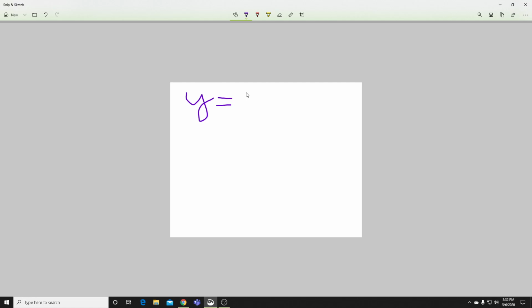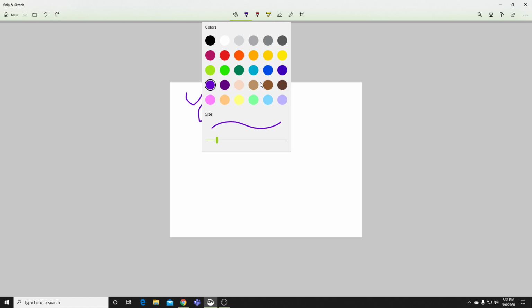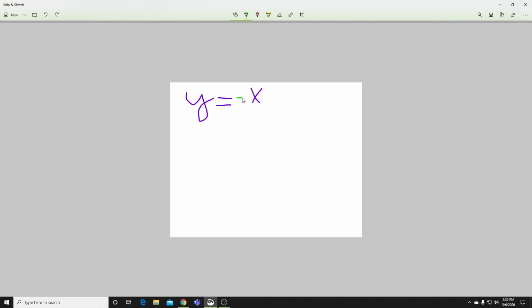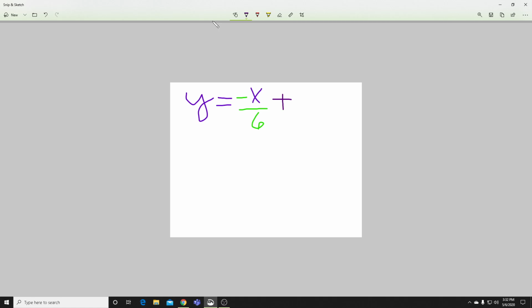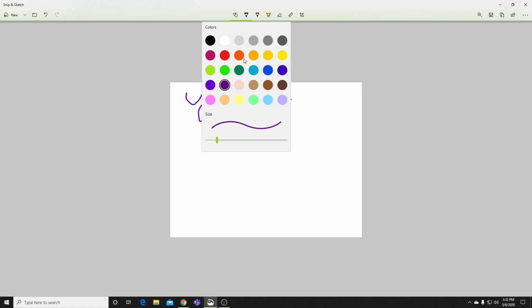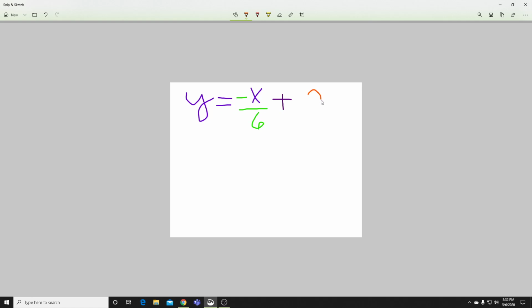You might see something like this. Put the negative back in there. We have that over this, and then we'll do plus. Actually, we'll do minus 2/3.